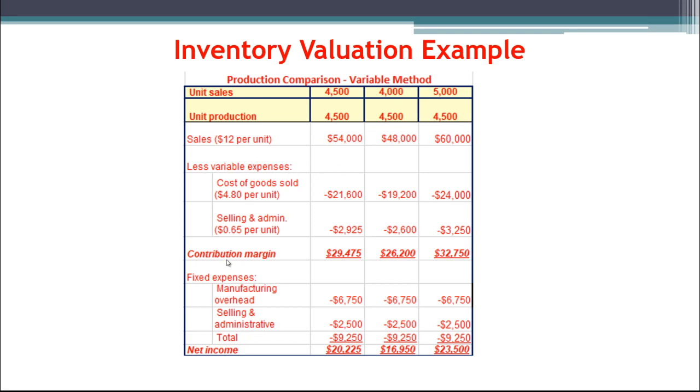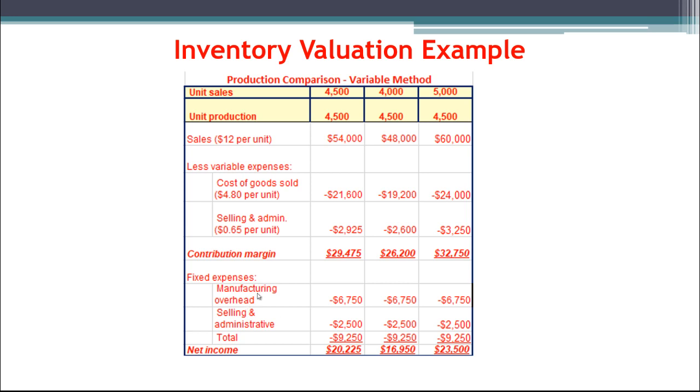We're back to that contribution margin format from last chapter, where the subtotal is now contribution margin instead of gross margin, and then all variable costs are above that. Cost of goods sold and selling and administrative, they both go above the contribution margin, and both fixed expenses go below it.